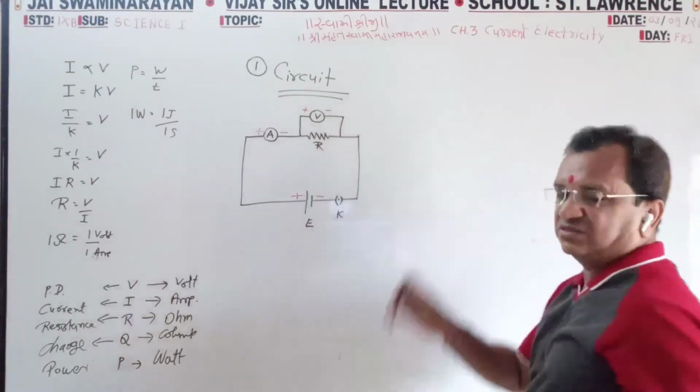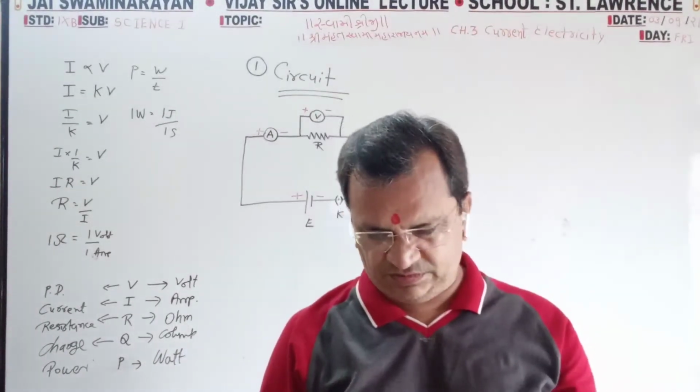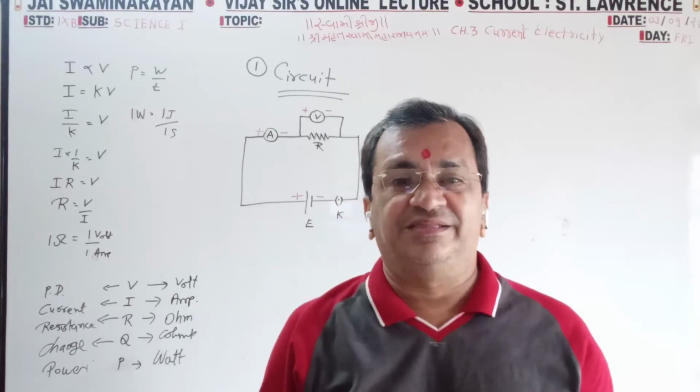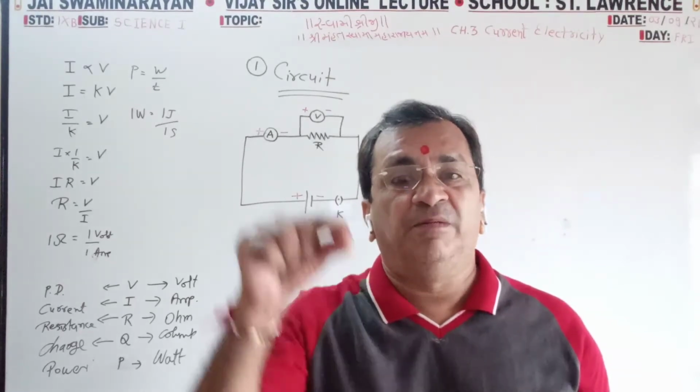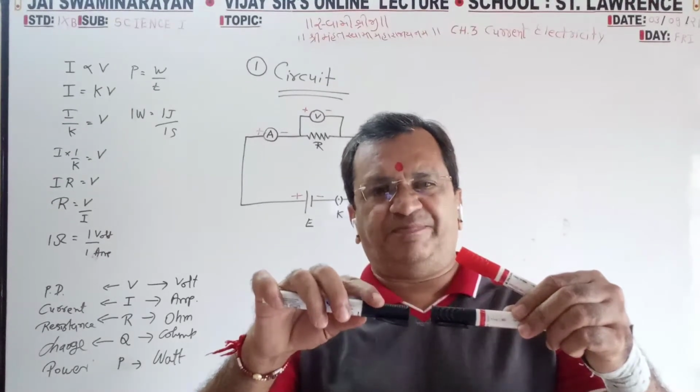So this is the first switch which was discovered, known as the plug key. There is a gap in between the wire.